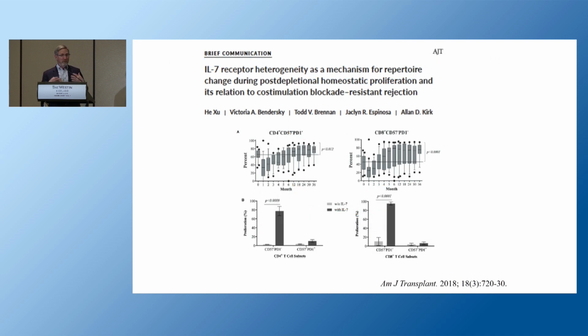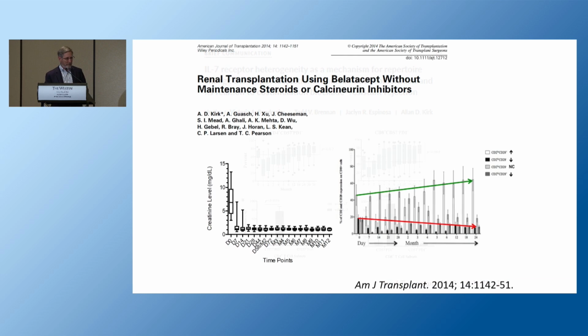You also, when you deplete T cells, they have a different propensity to grow back. So using depleting agents with co-stimulation blockade actually provides a requirement for IL-7 receptors, and memory T cells don't have a lot of IL-7 receptors, so naive co-stimulatory sensitive cells can actually outcompete them and make it a more prominent cell type.